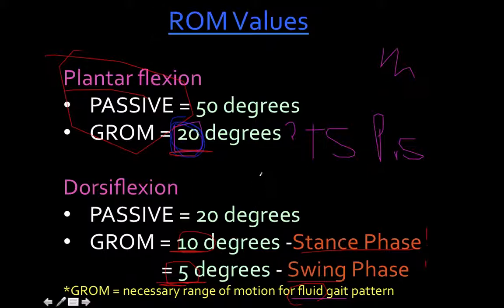If we block plantar flexion completely, they might have some trouble with the gait cycle, but they're not going to trip and fall as often. They're not going to be a hazard to themselves. So just keep these range of motion values in mind because you'll go through them in a lot more detail.